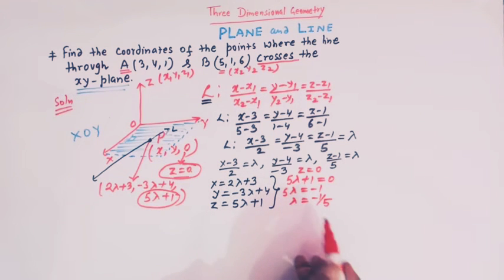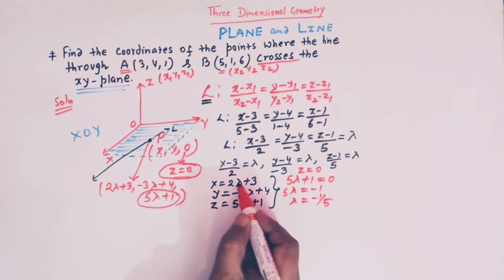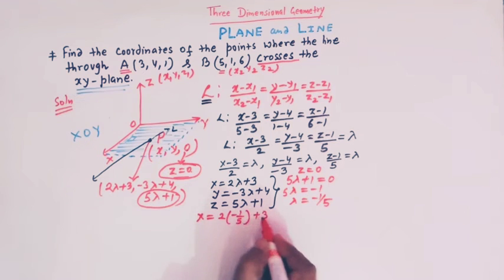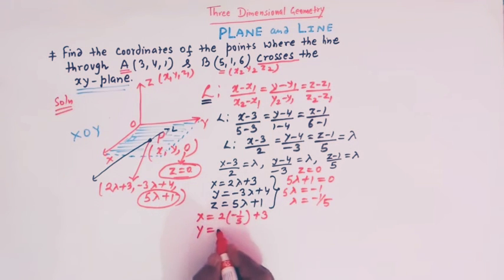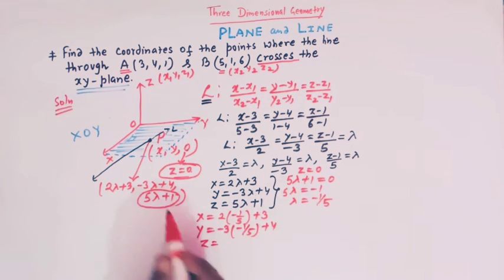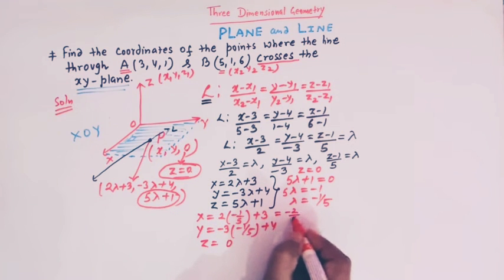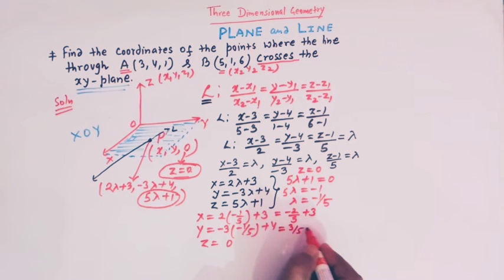Now we substitute this value of lambda over here, so x is 2 times minus 1 over 5 plus 3, y is minus 3 times minus 1 over 5 plus 4, and z is obviously 0. Now we have minus 2 over 5 plus 3, here 3 over 5 plus 4, and z is 0.